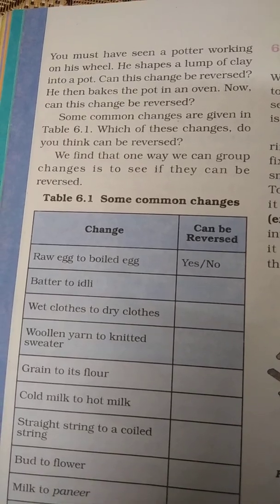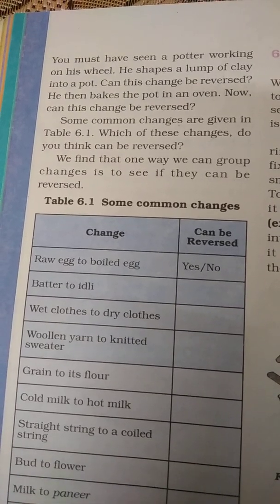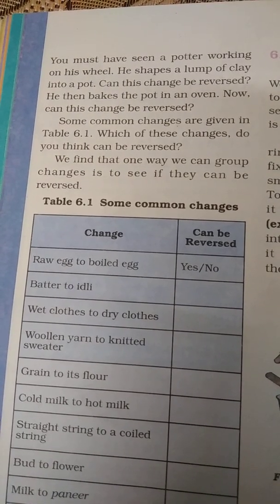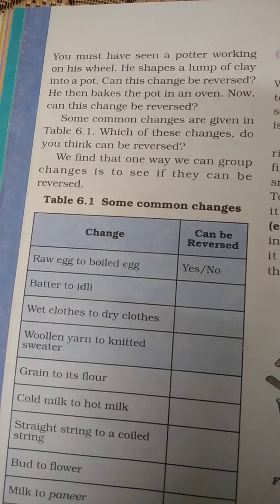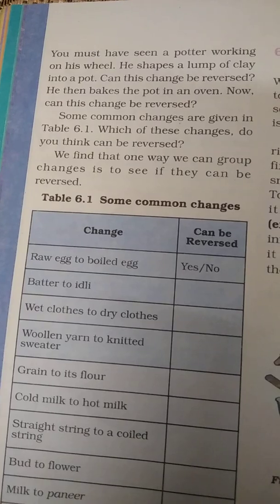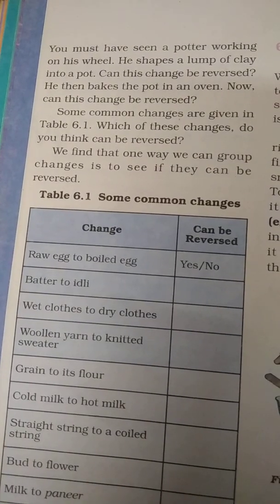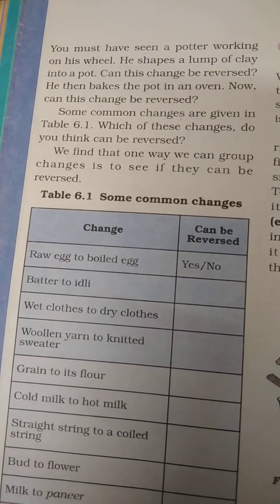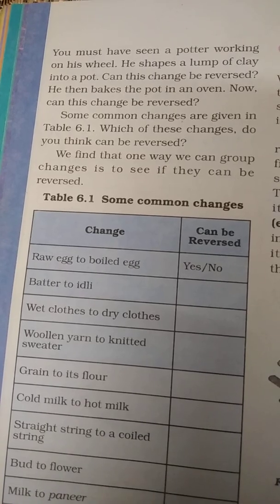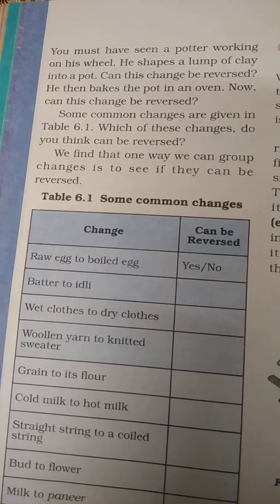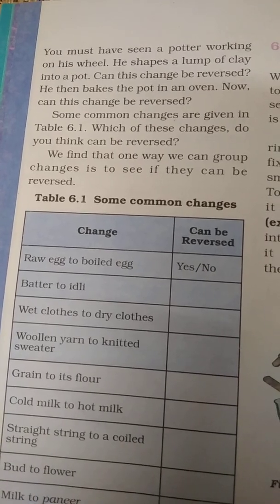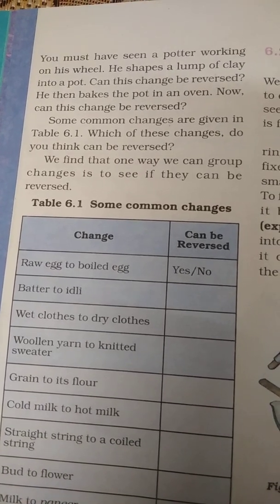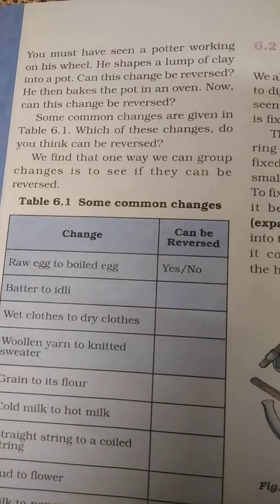You must have seen a potter working on his wheel. He shapes a lump of clay into a pot. Can this change be reversed? No. Then he bakes the pot in an oven. Now, can this change be reversed? Just imagine a potter working on his wheel, making clay pots.